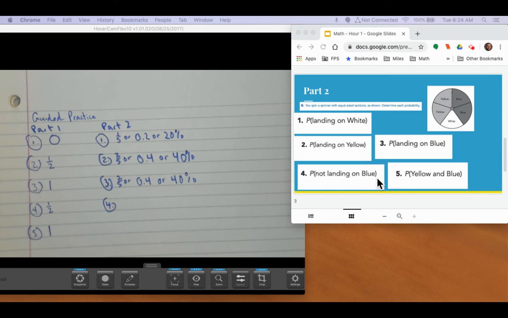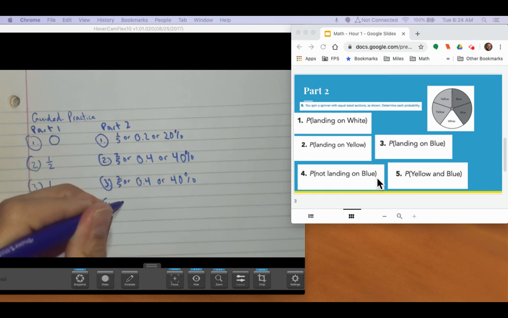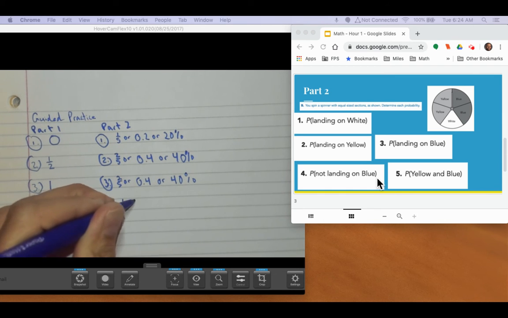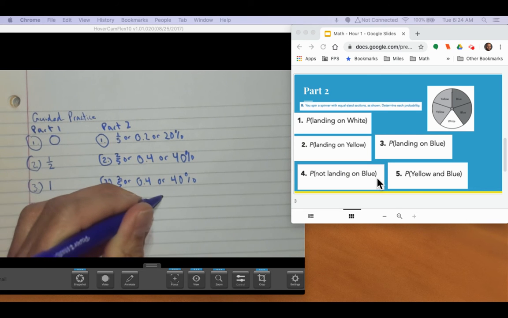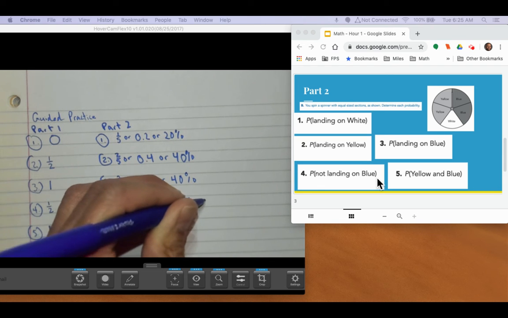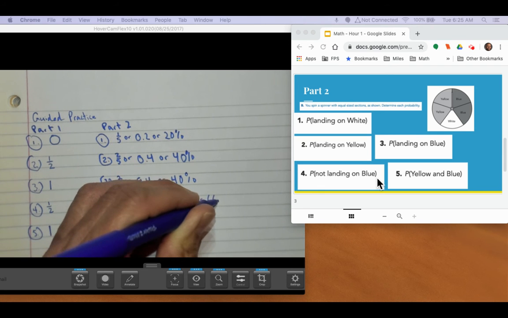The probability of not landing on blue, well, this is all the probabilities. Take away the probability of landing on blue, and then we would be left with 3/5, which is the same as 6/10, which is the same as 60%.